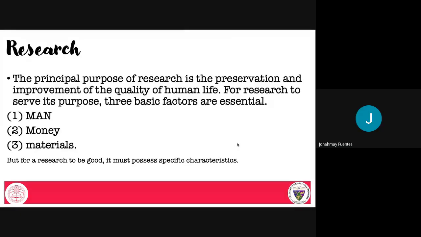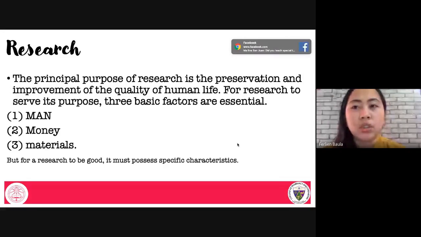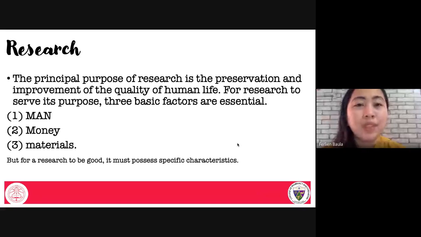We will have that call later. So let's start with our first topic, review or introduction on the fundamentals of research. The principal purpose of research is the preservation and improvement of the quality of human life.